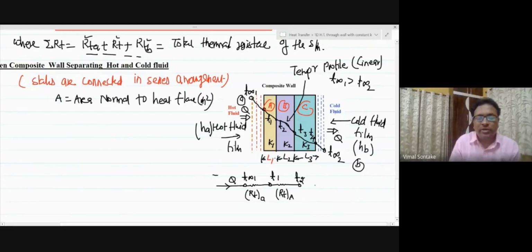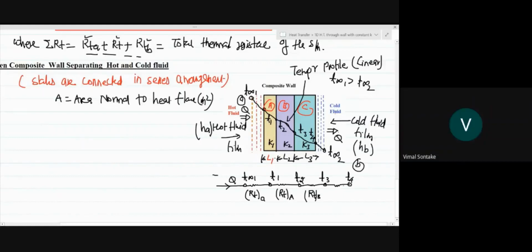Then the temperature difference T2 and T3 will offer thermal resistance by conduction, RTB. Then the temperature difference between the walls of slab C is T3 minus T4, and it will also offer conductive thermal resistance represented by RTC.